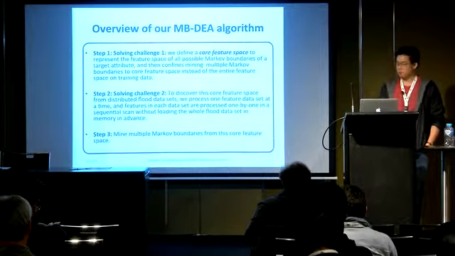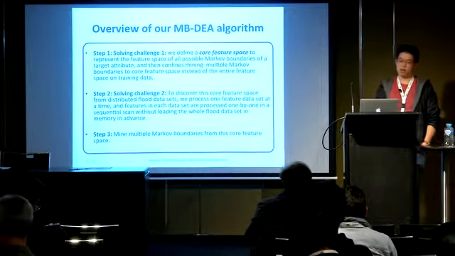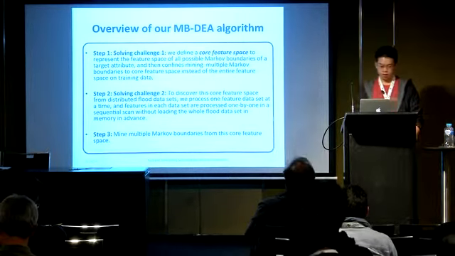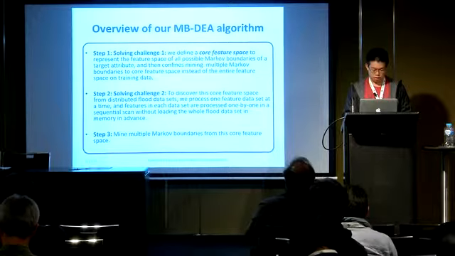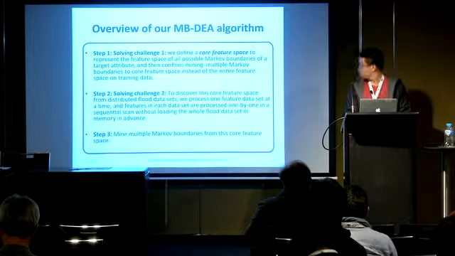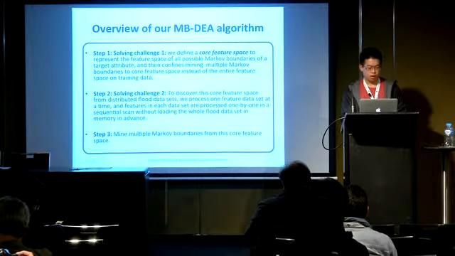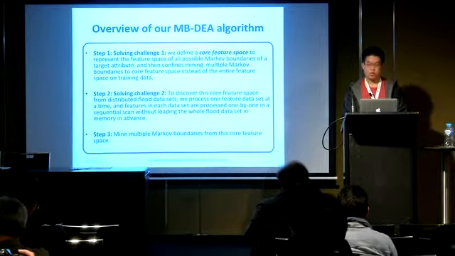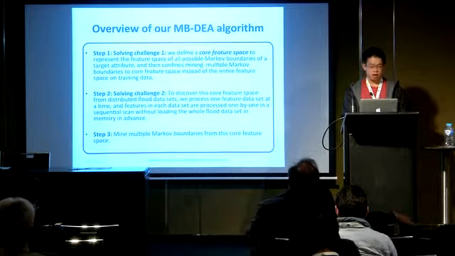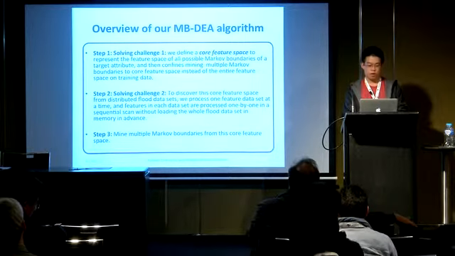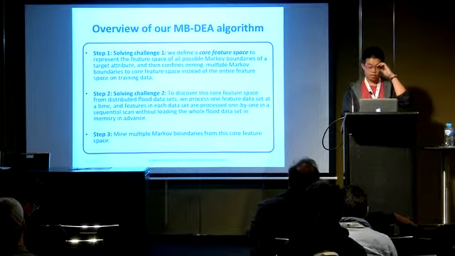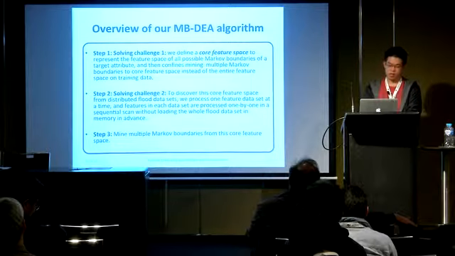So what the authors proposed is an algorithm called MB-DEA. There are several steps to this. First, we find the core feature space, which represents the feature space of all possible Markov boundaries of a target attribute, and then confine mining Markov boundaries to the core feature space instead of the entire space for the training data.